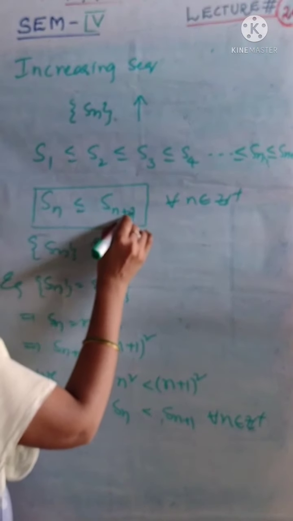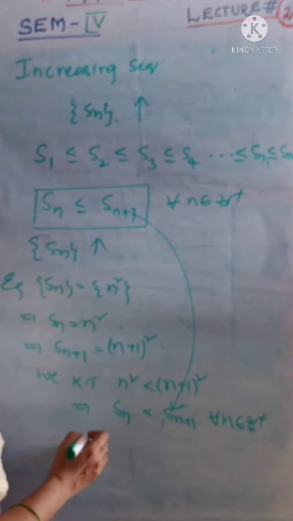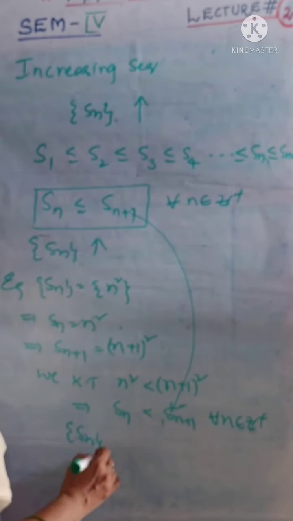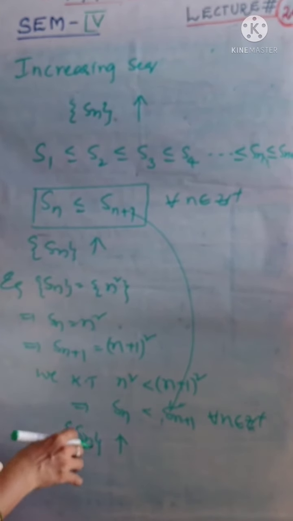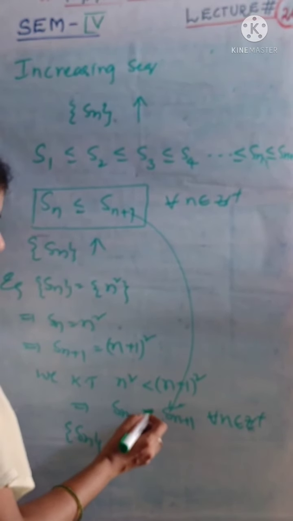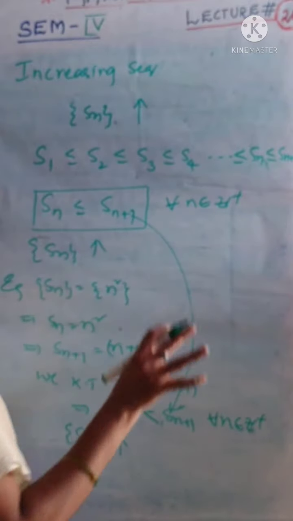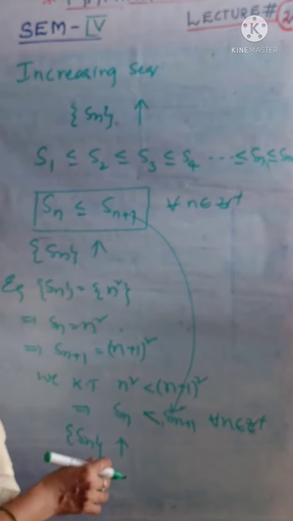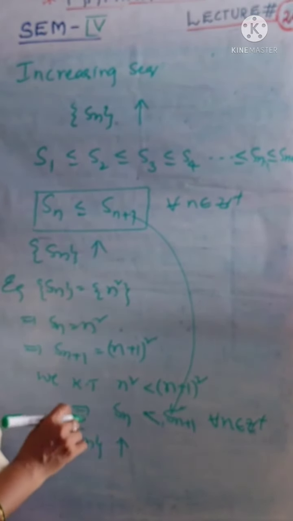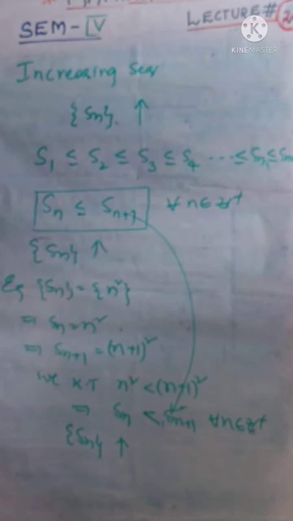So such a condition occurs here. Therefore, sequence Sn is strictly increasing, not only increasing. This is strictly increasing because here the equal to part does not occur. That means our sequence is a strictly increasing sequence.